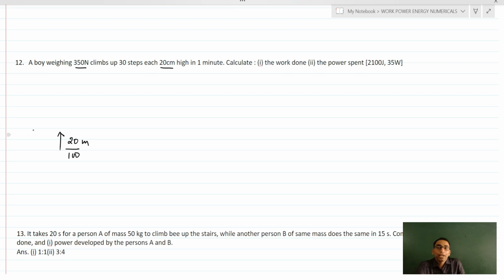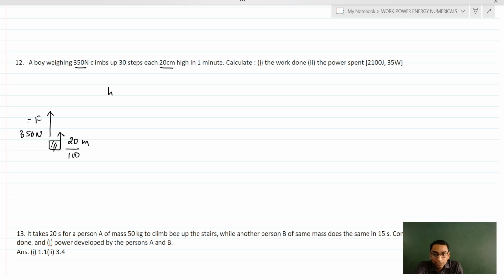Then he has to carry his own load in the upward direction. So the weight which he is carrying is his own weight. He has to apply the same force in order to lift his own weight, so that is 350 newtons, and this is one step.